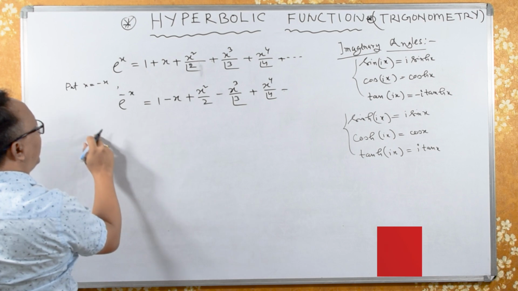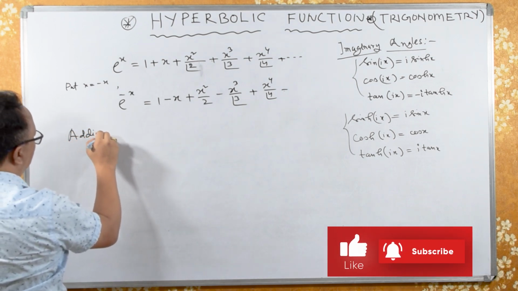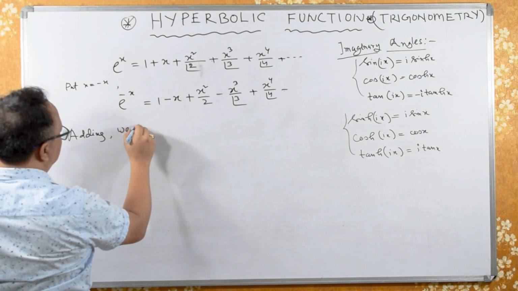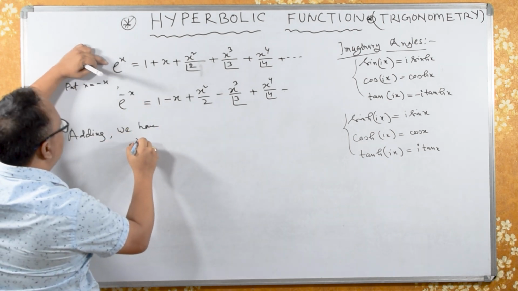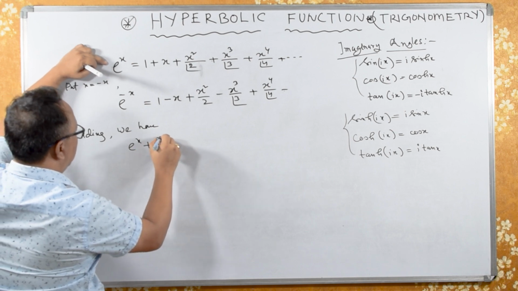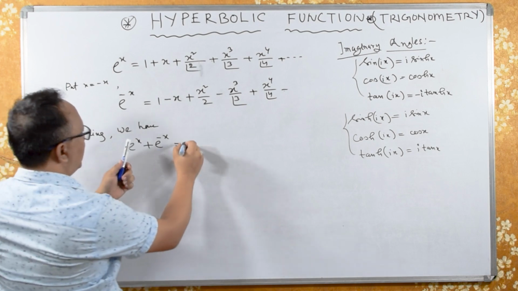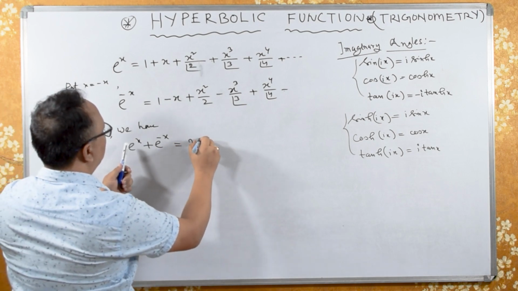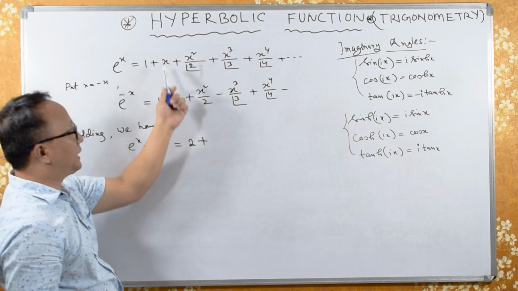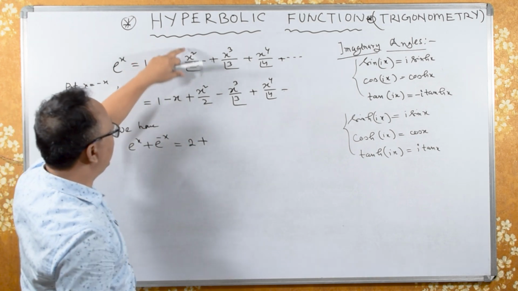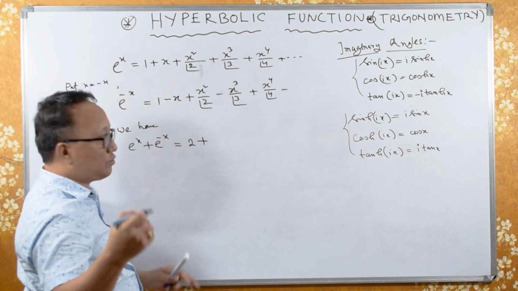Now if I add these two, e raised to x plus e raised to minus x equals 1 plus 1, which is 2, and minus x and plus x get cancelled. Here 2 factorial is the same as 2, because 2 into 1.